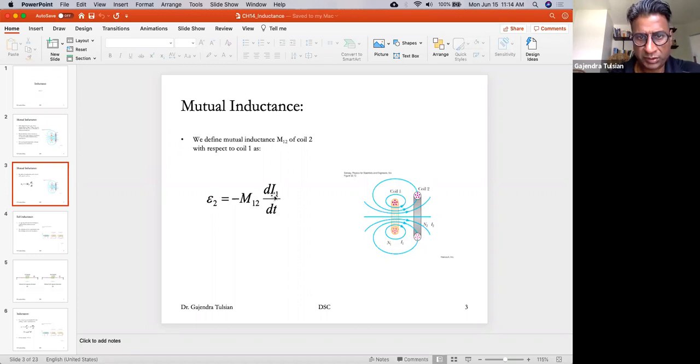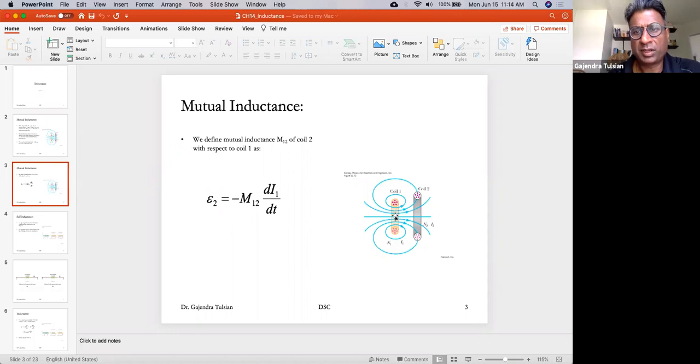Because currents are changing in circuit 1, you're inducing an EMF in circuit 2. Notice, if the current does not change in circuit 1, then there's no induced EMF.